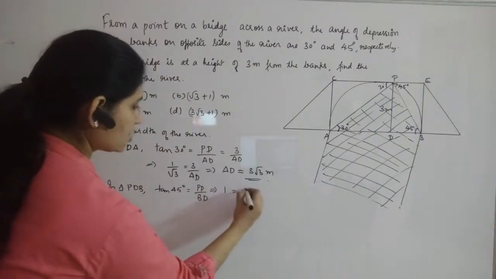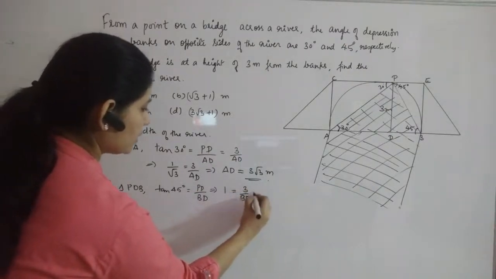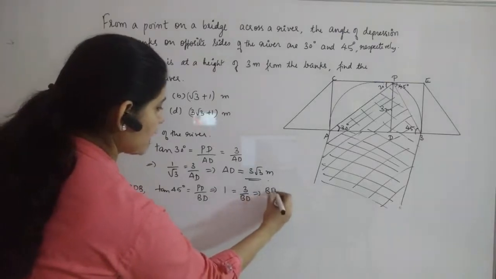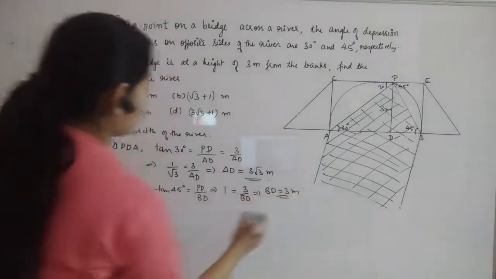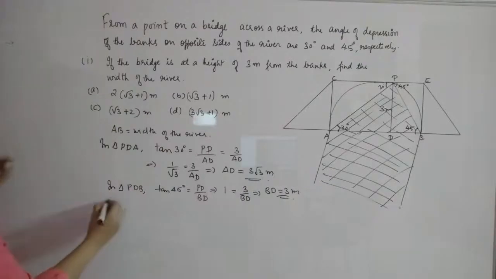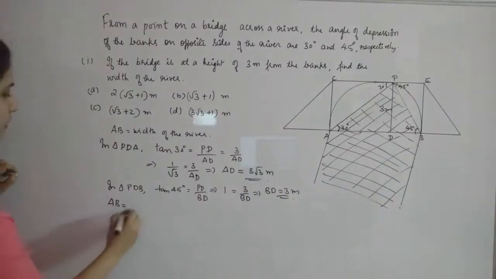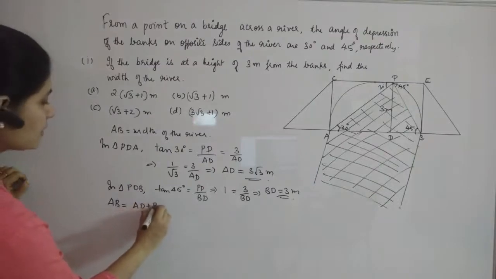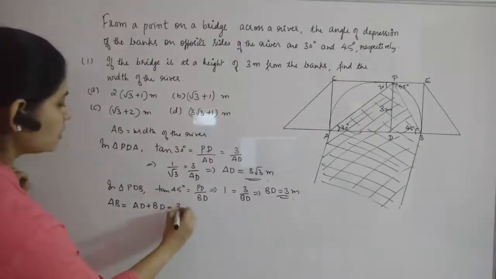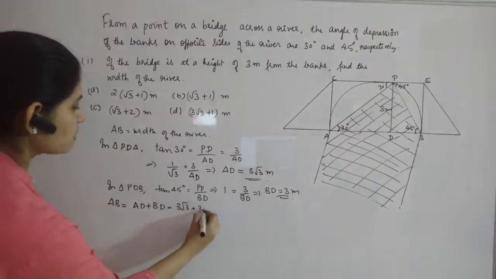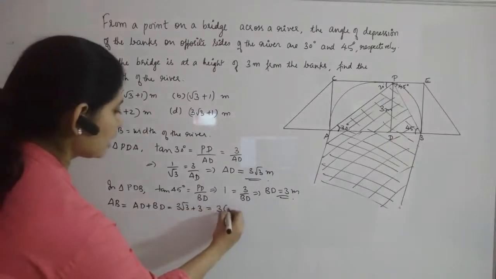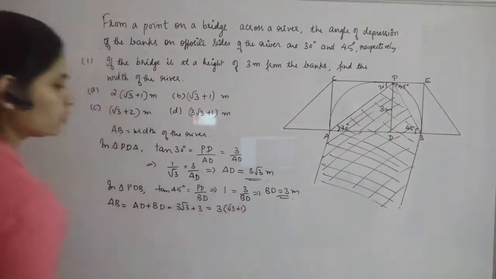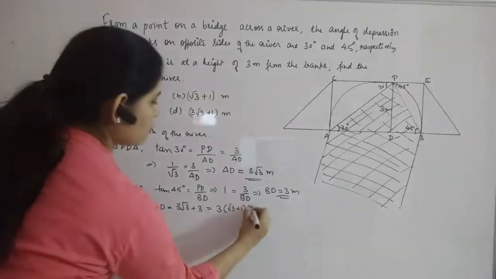So 1 is equal to 3 by BD, which gives BD as 3 meters. Now the thing you need is AB, the width of the river. AB is equal to AD plus BD, which gives 3 root 3 plus 3, or taking 3 out, 3 times root 3 plus 1 meters.